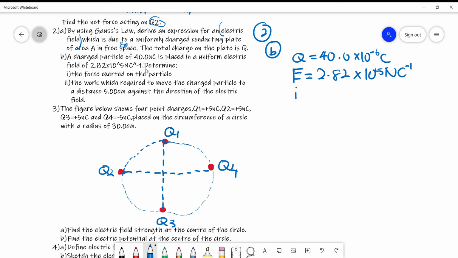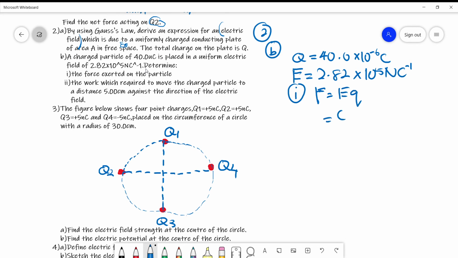So for the force, we need to apply the formula F equals EQ.